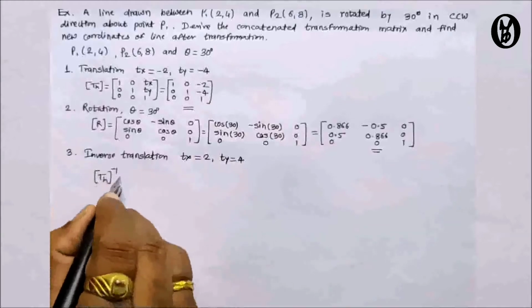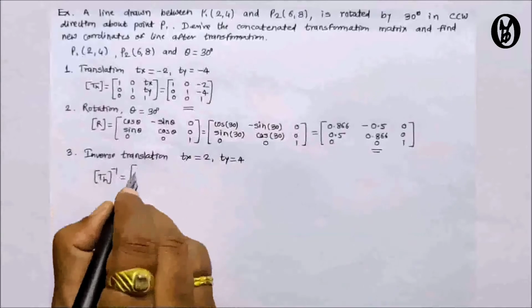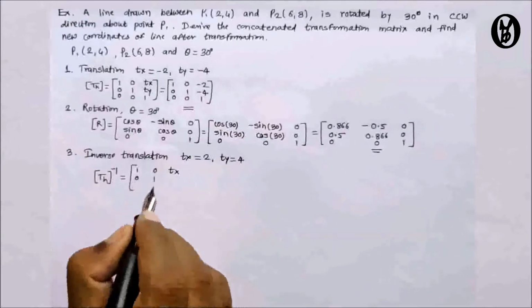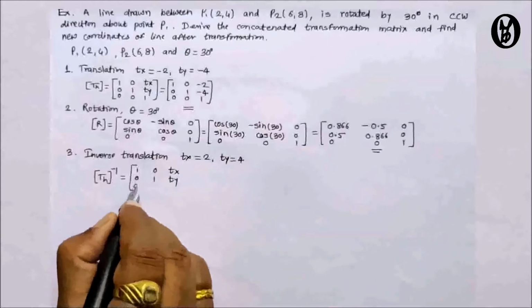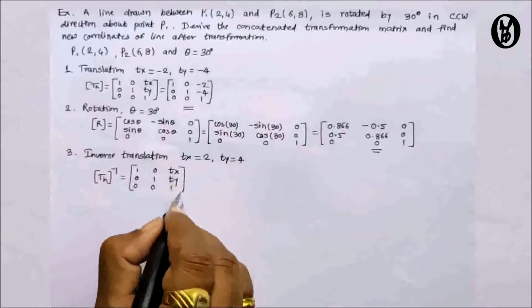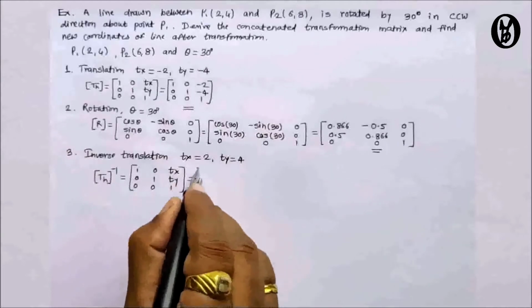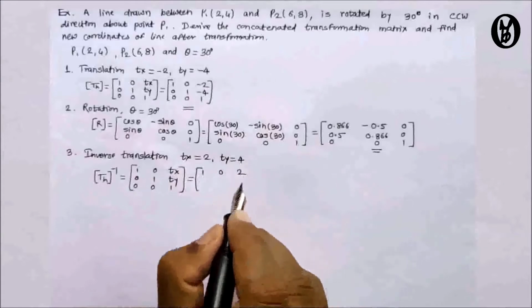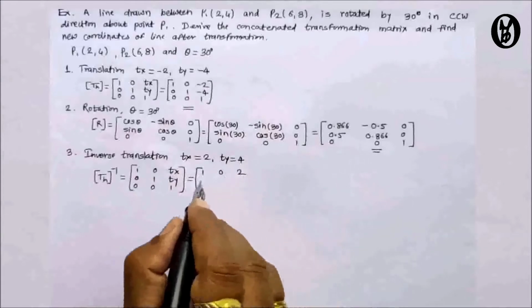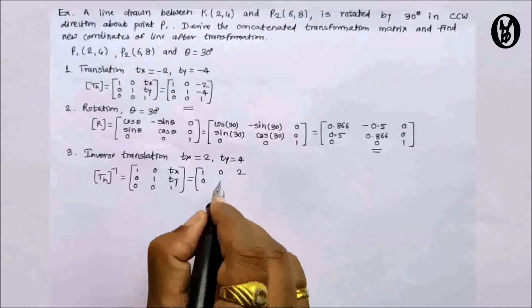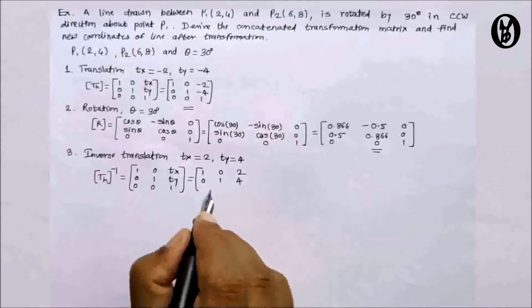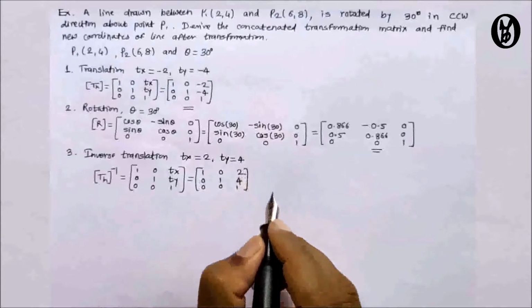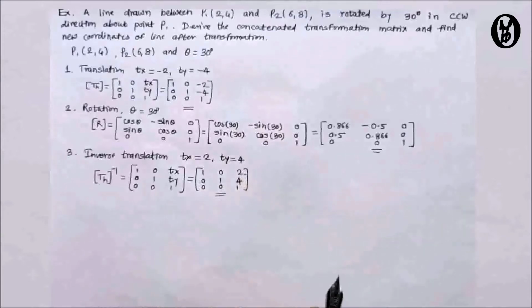The inverse translation matrix Th inverse can be written as [1 0 Tx; 0 1 Ty; 0 0 1] equal to [1 0 2; 0 1 4; 0 0 1]. So this is the inverse translation matrix.